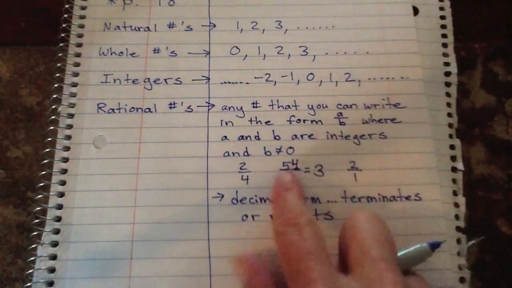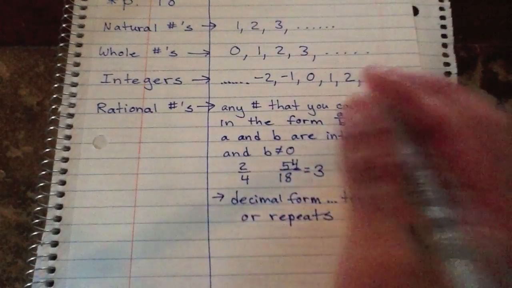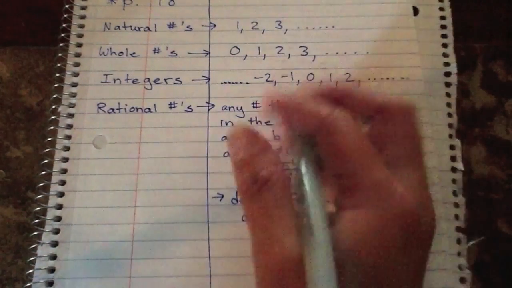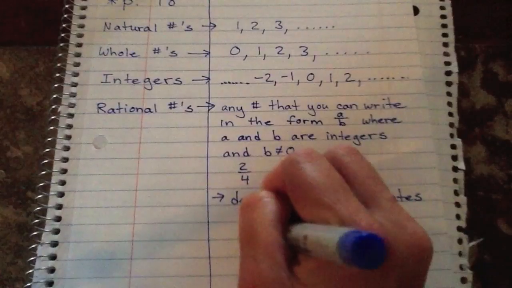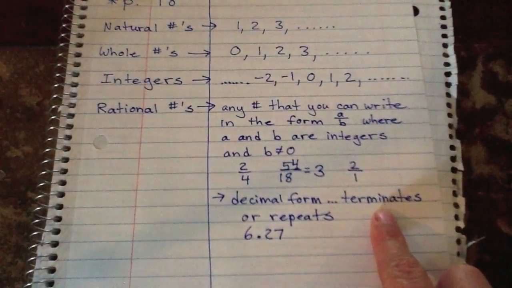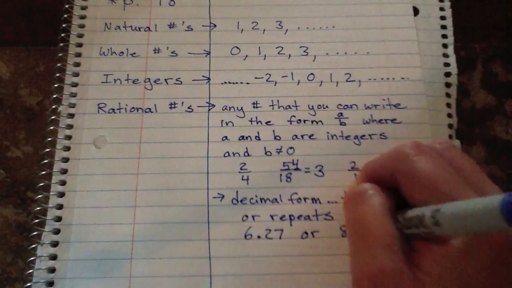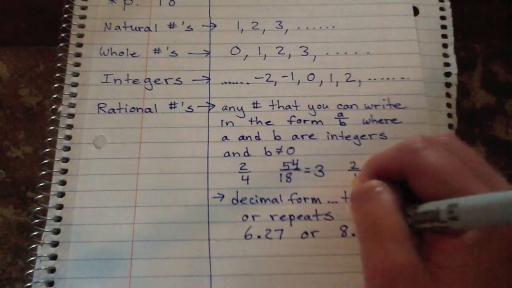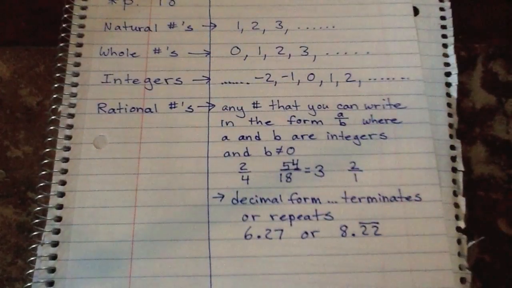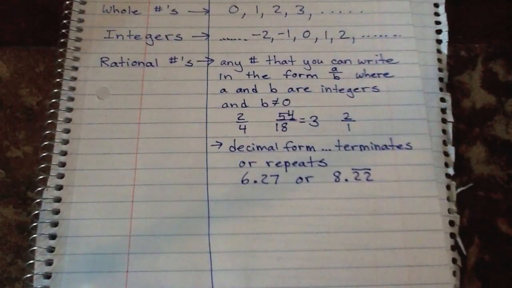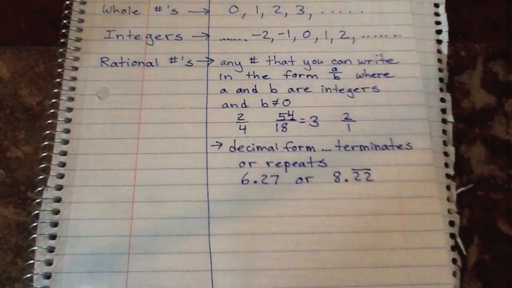For example, when I divided something here, I might end up with something like 6.27. So that's terminating, it ended. Or I might end up with something like 8.22, and I realize it's continuing, and it's going to repeat. So these fall under rational numbers.